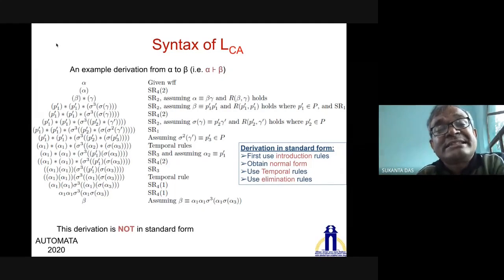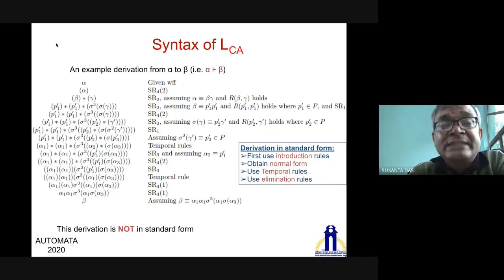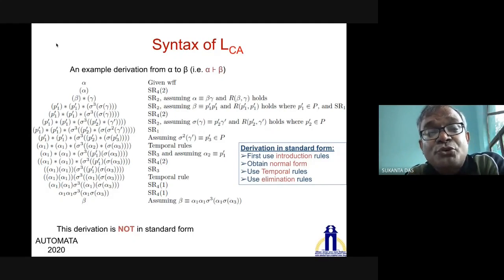Why? Because you can see here from the top, SR42 is an introduction rule, SR2 is an introduction rule, SR2 is an introduction rule, SR42 is an introduction rule. There's no problem. So first we have used introduction rules. Then temporal rules we have used. After temporal rules, I'm supposed to use only elimination rules. However, I have used SR42.